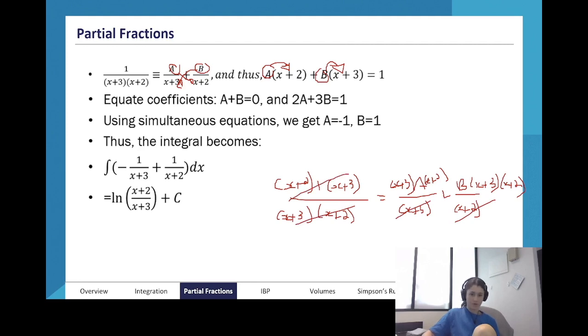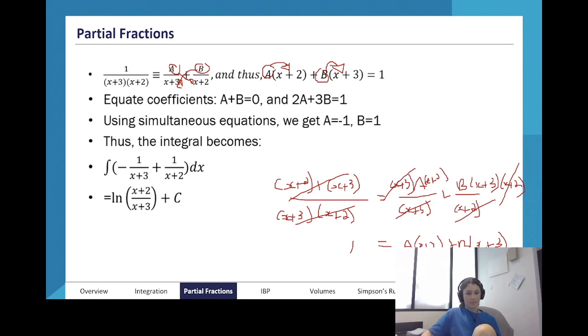So on this whole left-hand side here, we're just going to be left with 1. And on this side here, we're just going to be left with A(x plus 2) plus B(x plus 3), because all of the other components cancel out.